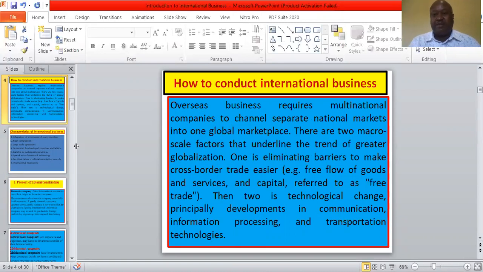One is eliminating barriers to make cross-border trade easier, for example, free flow of goods and services, and capital, referred to as free trade. Then two is technological change, principally developments in communication, information processing, and transportation technologies.